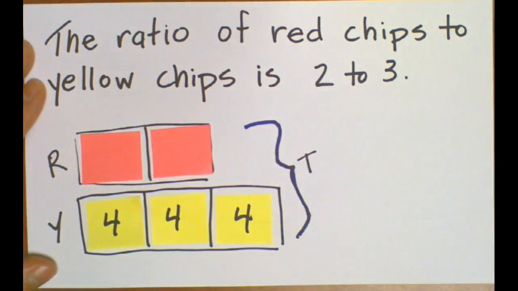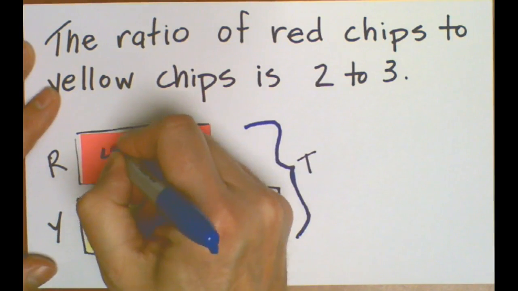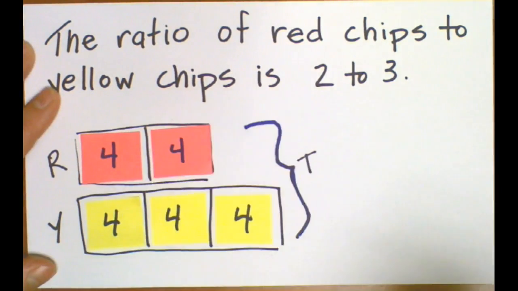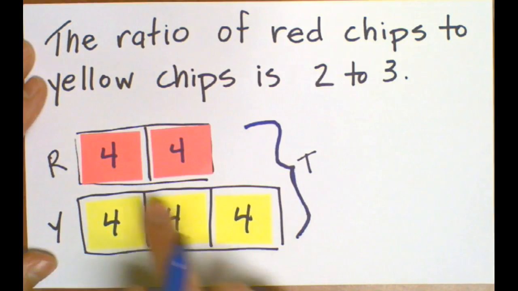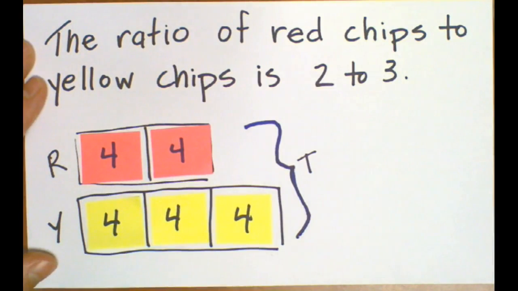So as we pose the question, how many red chips do we have if we have 12 yellow chips, they're going to say, okay, wait a minute, I've got a connection here. If there are 4 in each one of the bottom boxes, there are 4 in each one of the top boxes, and therefore if there are 12 yellows, there are 8 red.